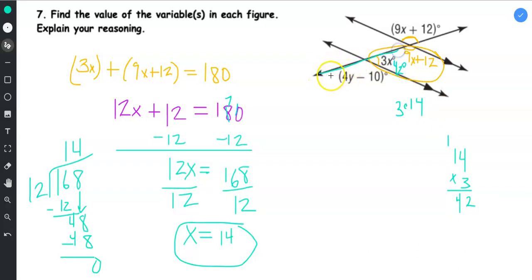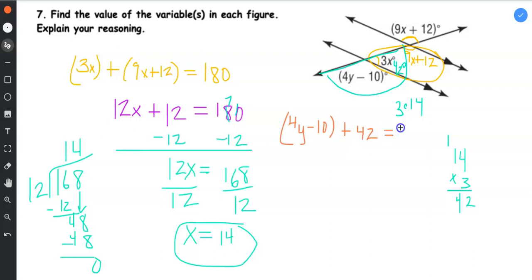So now we're focused on these two angles, and these two angles together form a straight line. So they're called a straight angle or a linear pair because they add up to 180. So now I'm ready to write the next equation, so I'll grab another color, and I can take this expression 4y minus 10 and add to it the 42.